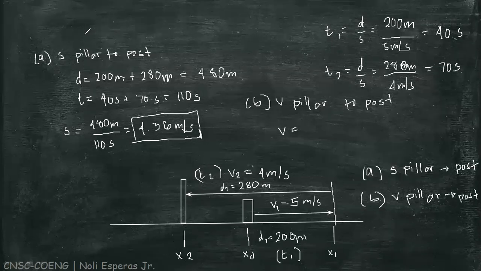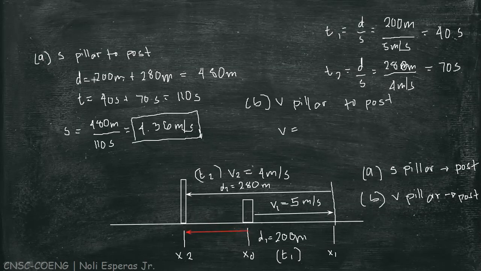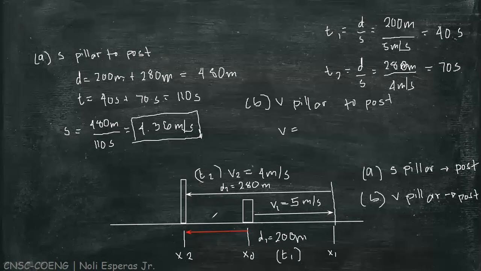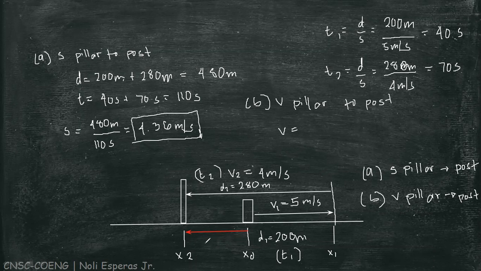And take note of this, our displacement is from the initial position to its final position. Our final position is to the west of the pillar, which is negative 80 meters. Why negative? Because it's directed to the left, and we have said that the east is our positive direction.